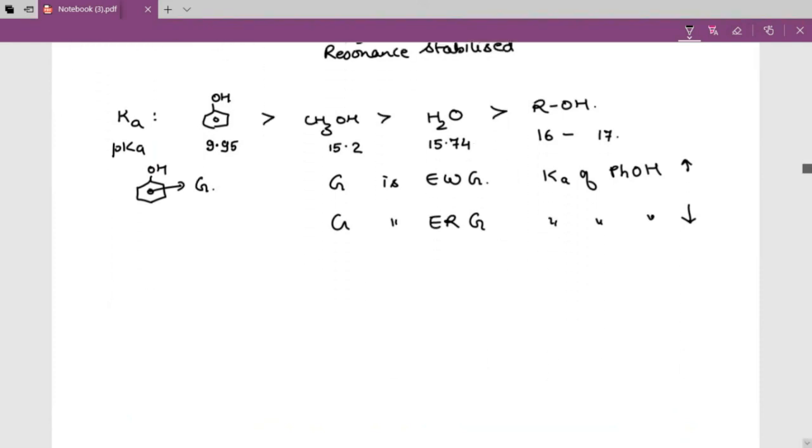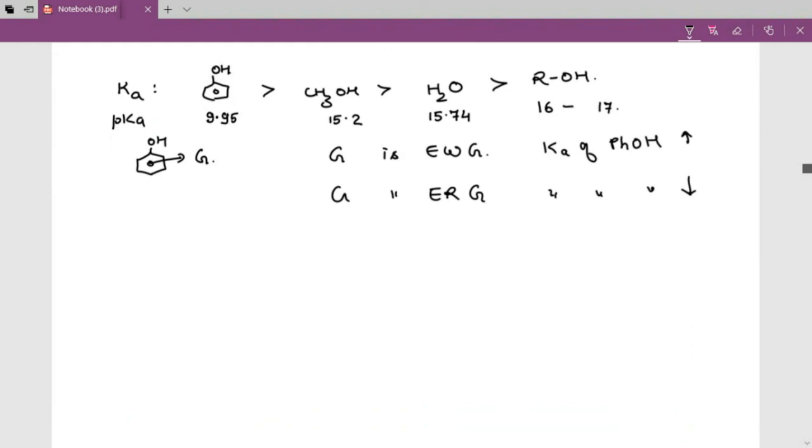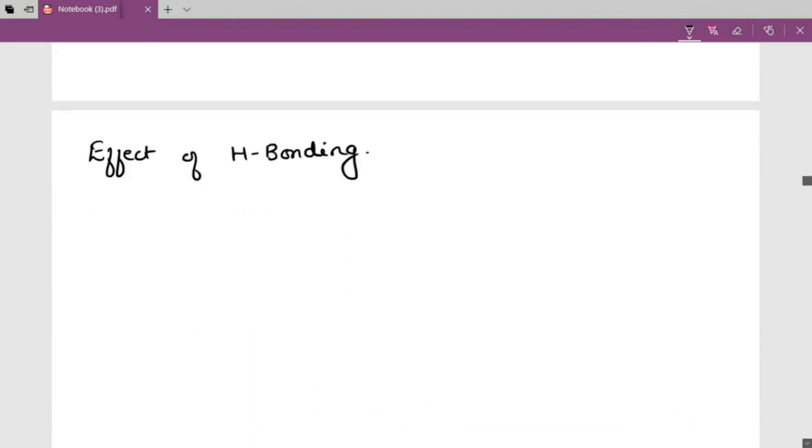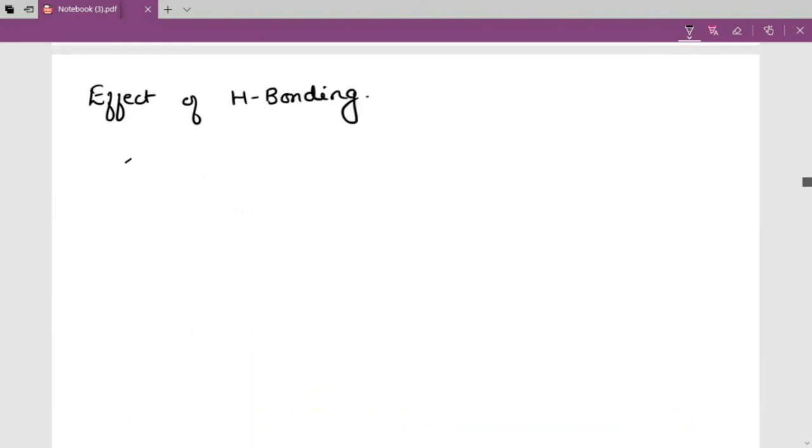In case of phenol, one important factor that we take care of when a group is introduced is the effect of H bonding. Well, H bonding can always affect. Let us compare the acidity of phenol versus orthonitrophenol, metanitrophenol, and paranitrophenol.